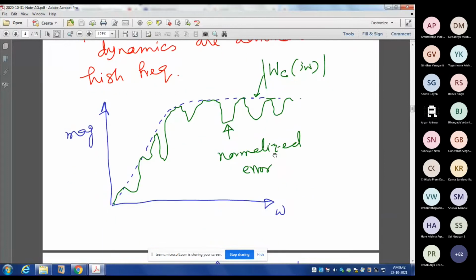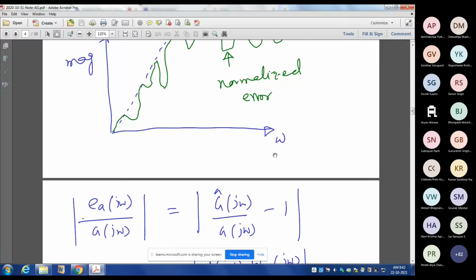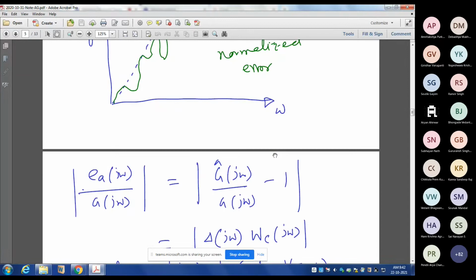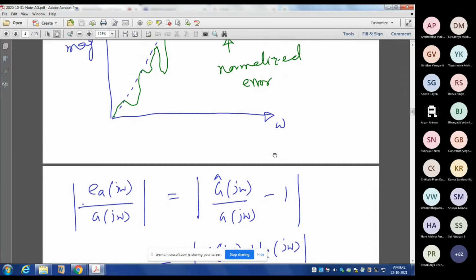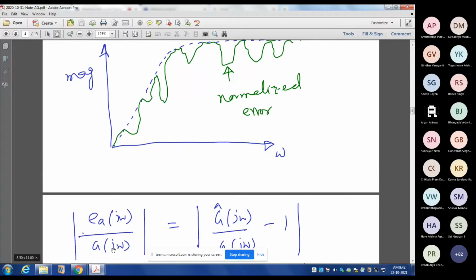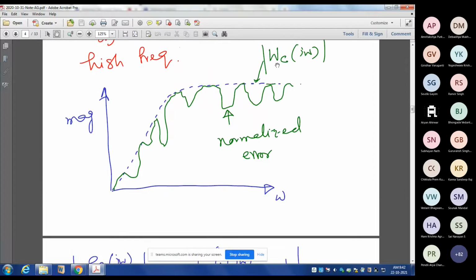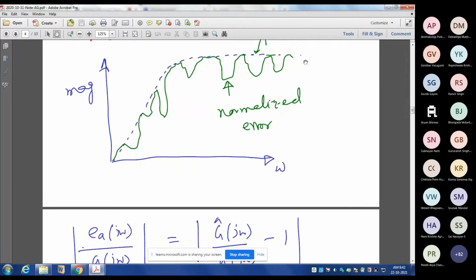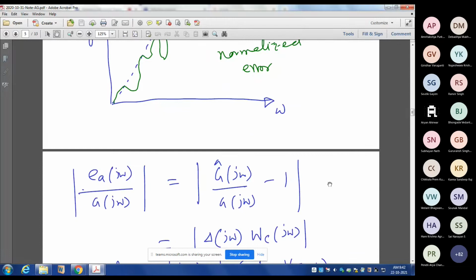If you do that, then what can you write? EA j omega divided by G of j omega, this was already there. This is now less than or equal to the normalized error plot, which is less than or equal to mod of WC j omega.